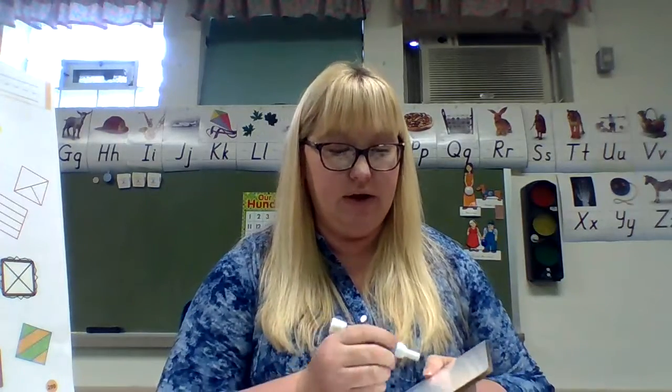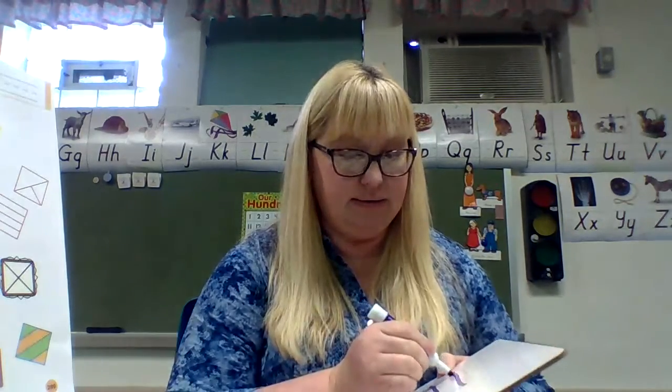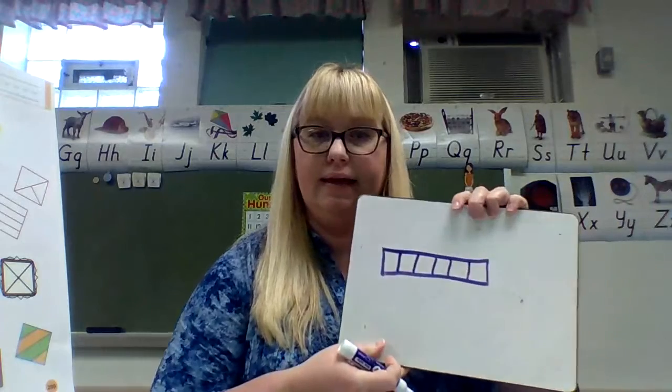And then the last part of your test tomorrow is, it says draw squares to make the rectangle 2 squares longer. I don't know how many are on there. Anyway, I'll just put some lines. They have a row of squares like that.